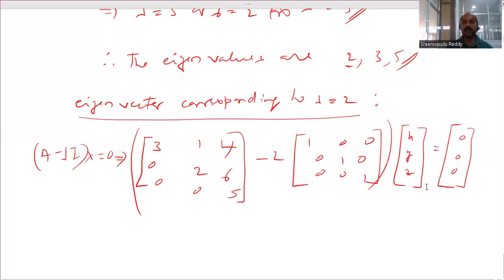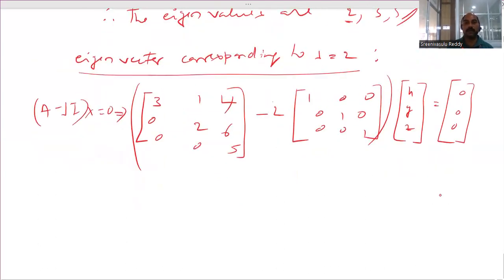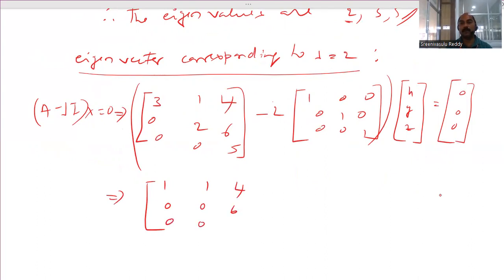If you have x1, x2, x3 you can also take those as you wish. Now simplify this. Only diagonal entries change: 1, 0, 0, 0, 0, 6, 0, 0, 3 times x, y, z equal to 0, 0, 0.